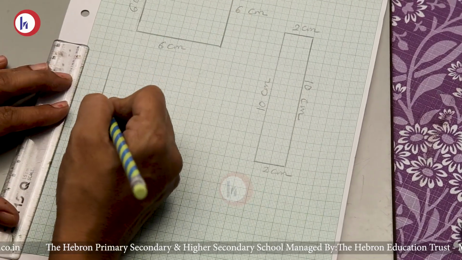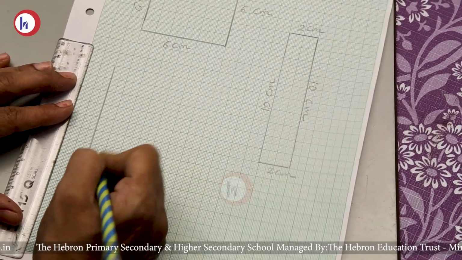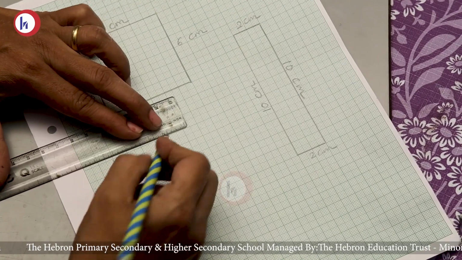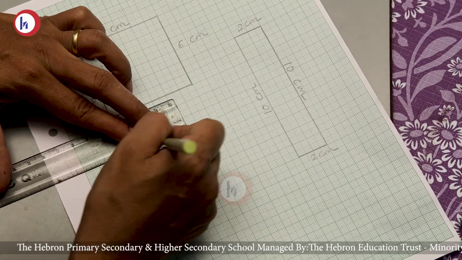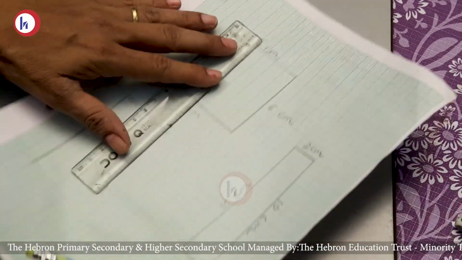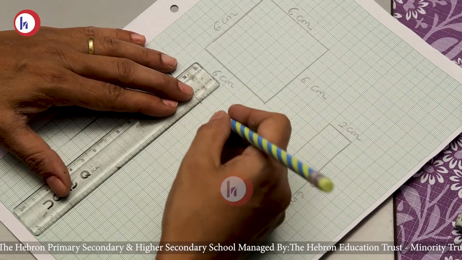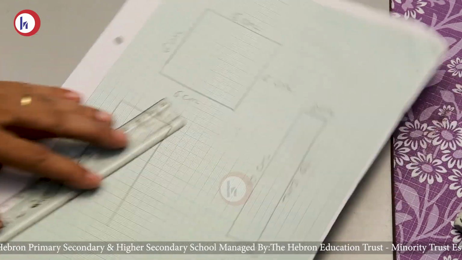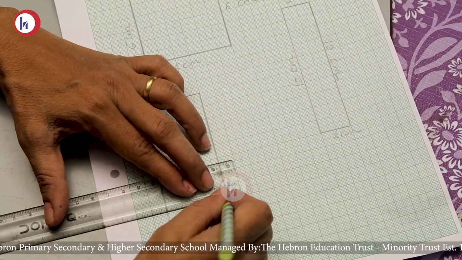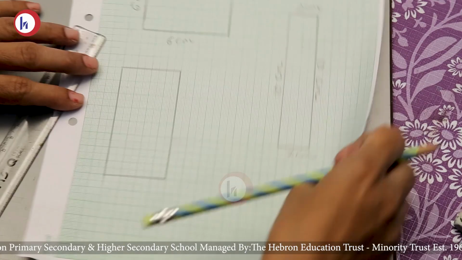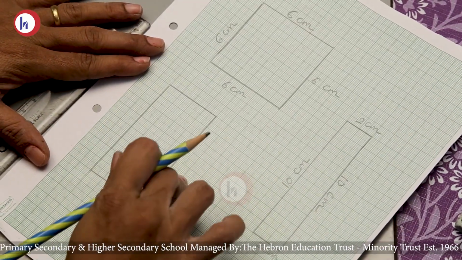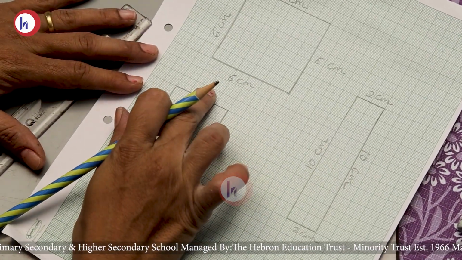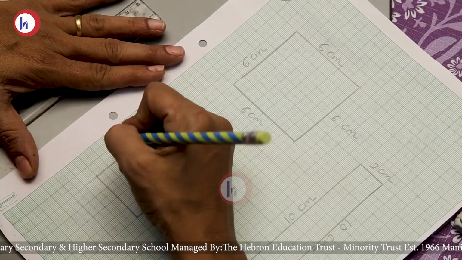Again, 1, 2, 3, 4, 5, 6, 7, 8. Then go to 4. Again 8. Okay, 8 plus 8, 16. Plus 4, 20. And plus 4, 24.